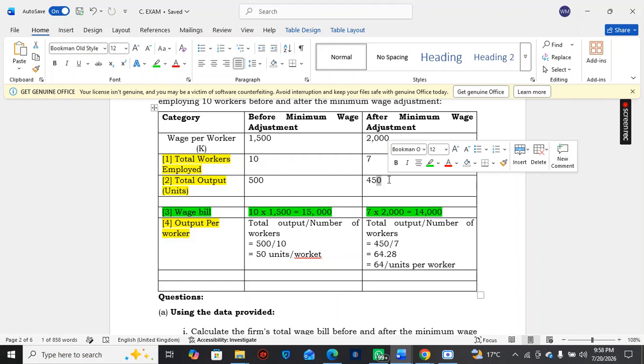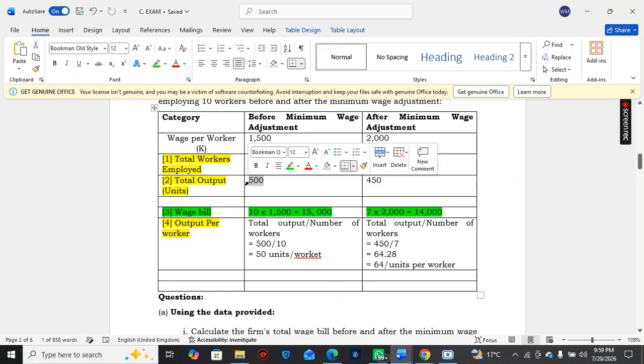Let's say for example you had 100 workers, then you lay off 50 of them. You won't be able to produce the same output that you could have produced with 100 workers. Similarly here, this output of 500 units we can't sustain, because now we've got fewer workers. So the output gets affected.